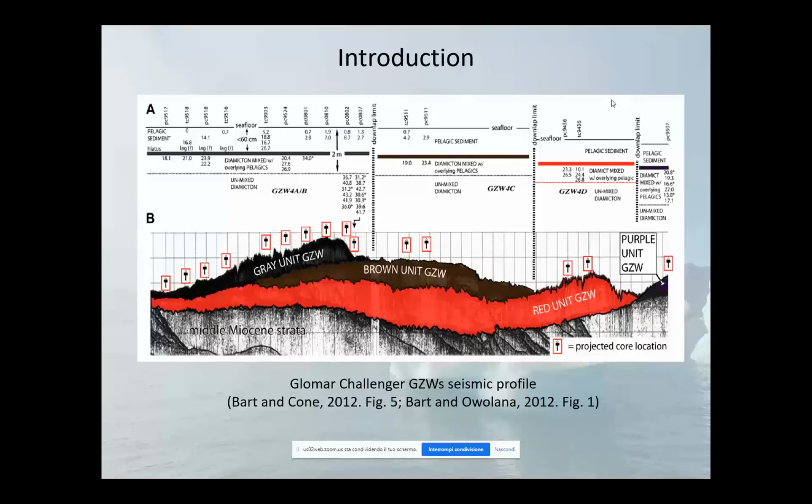Another set of gravity cores have been previously studied by Bart and Coney, and according to their work, the West Antarctic ice sheet advanced across the eastern Ross Sea and reached the middle shelf around 27.5 kiloyears before present. And then, shortly after the retreat, the open marine sedimentation started.